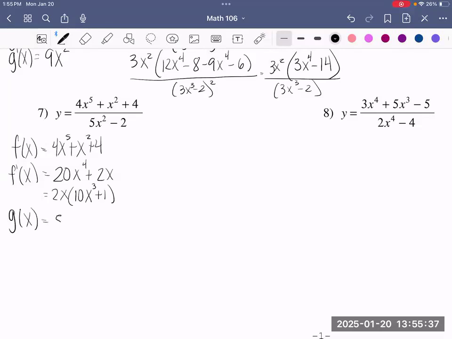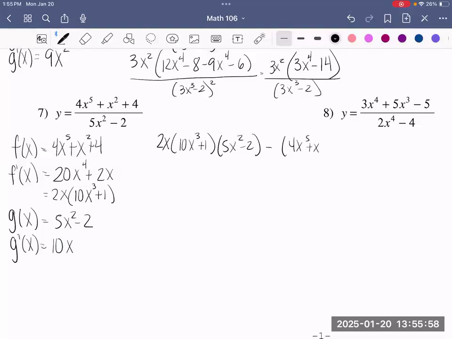G. All right, so first we have 2x, 10x cubed plus 1 times g minus, let's see, f times g prime all over, let's see, my g.